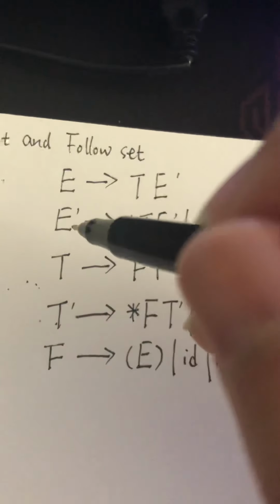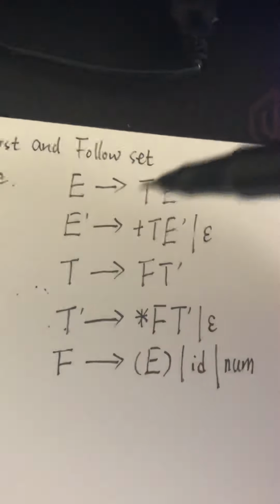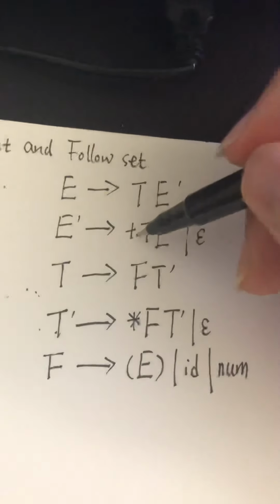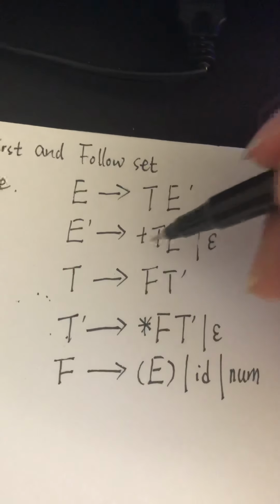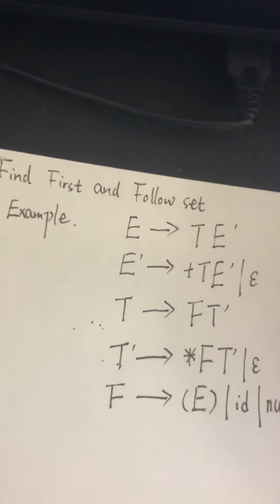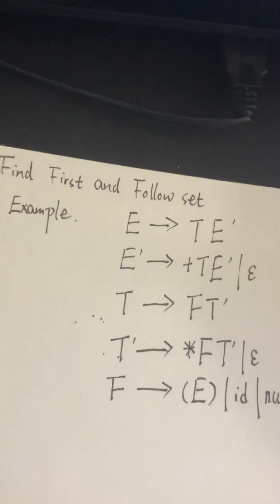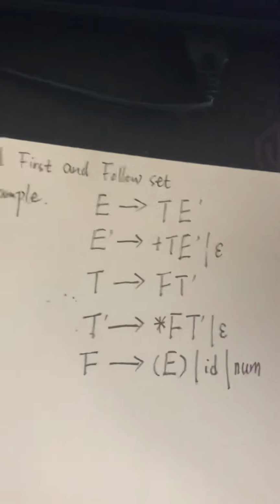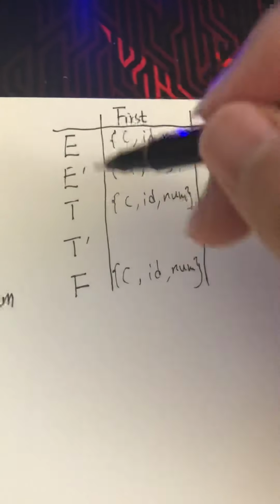Okay, so now let's do E prime. What is the first of E prime? Now we can see it is the plus sign or epsilon. So we add plus sign and epsilon to the set. So we finished the first of E prime.